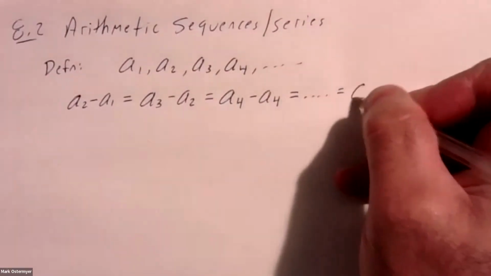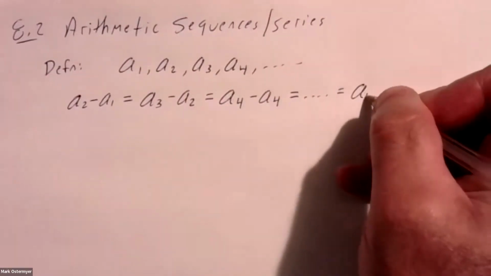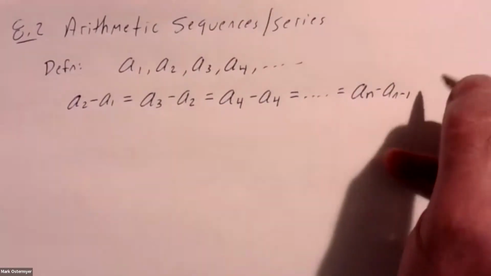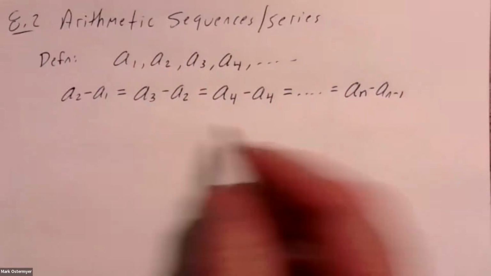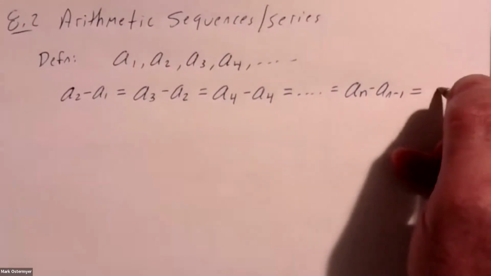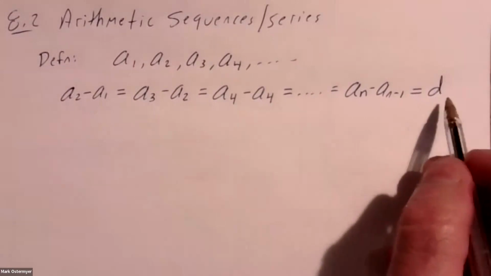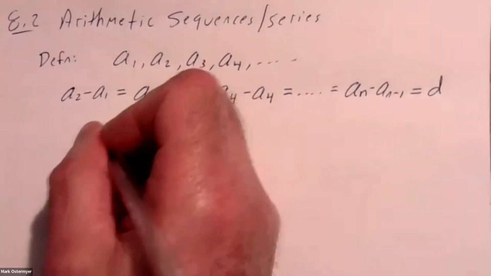etc. And if you were to subtract from the nth term in general the n minus 1th term, if for all of these differences you get a common number, D, we call this common number a common difference.